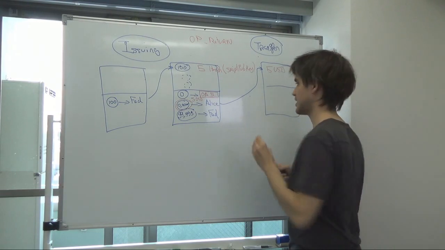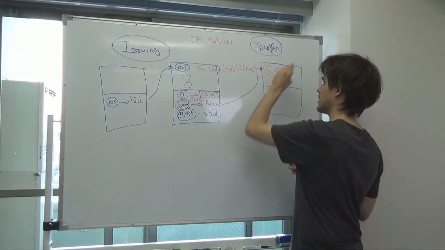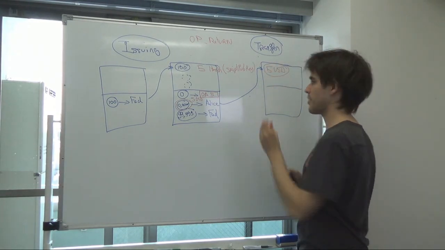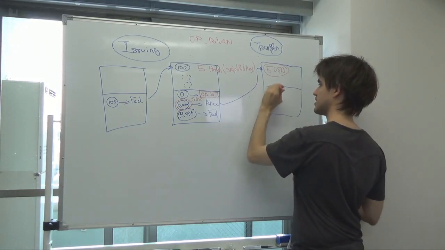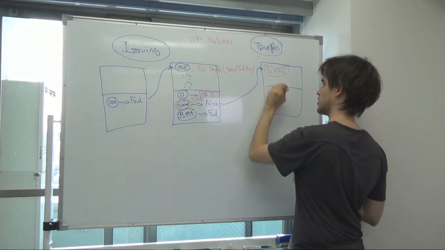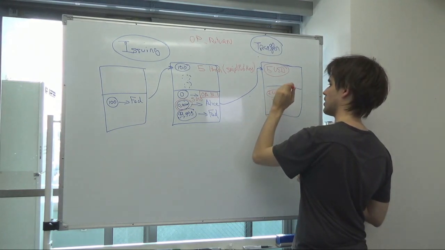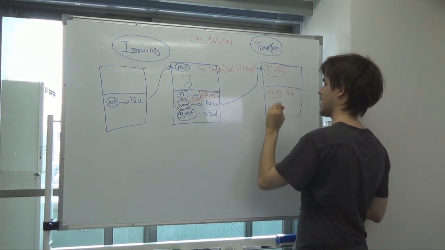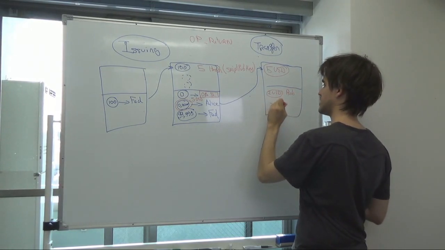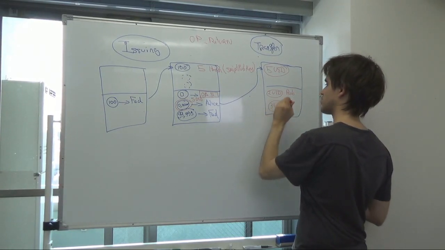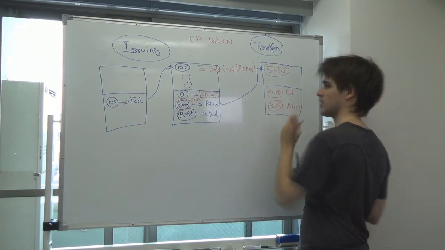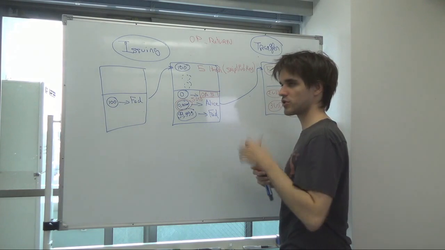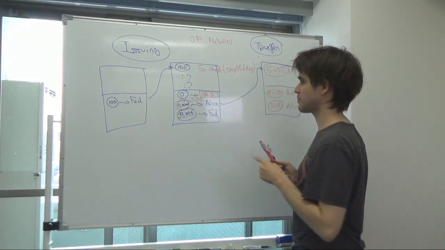Then she will send 2 USD to Bob and 3 USD back to herself. So how does it work with the open asset protocol?